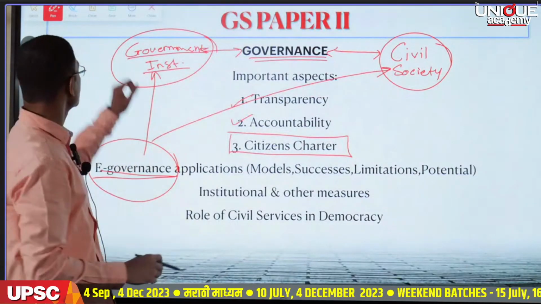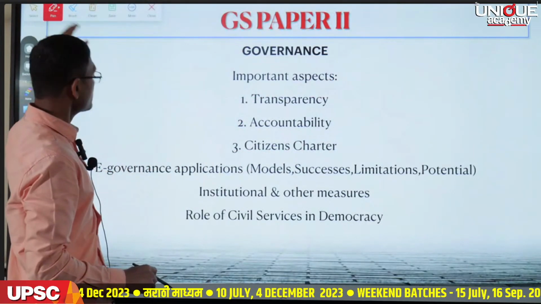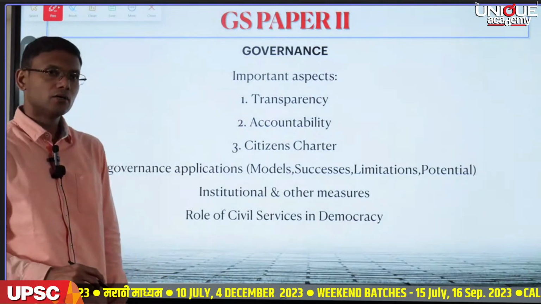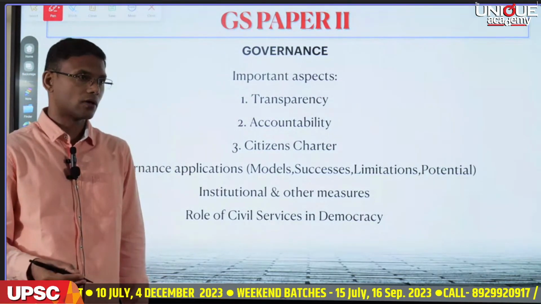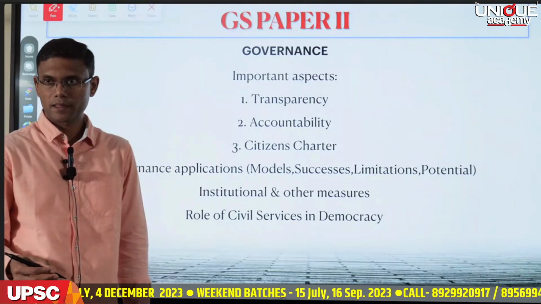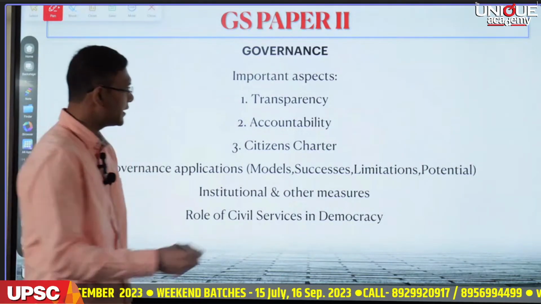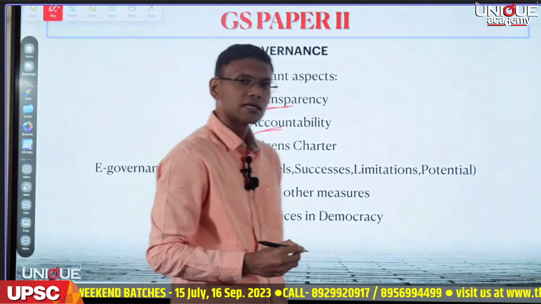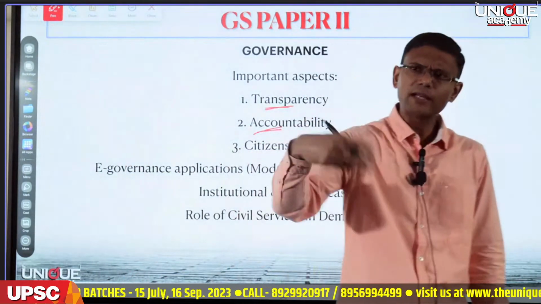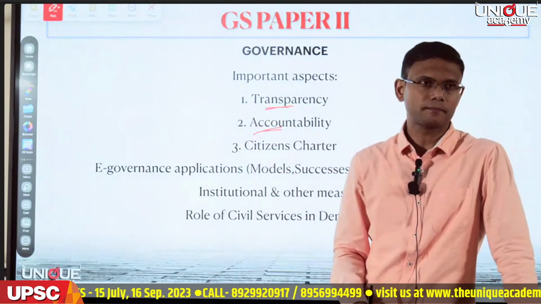For example, for transparency or accountability, you'll find that there are NGOs working for democratic rights in India, right? They want to bring in transparency. They want to make government agencies accountable, and they will keep filing a number of petitions in Supreme Court.